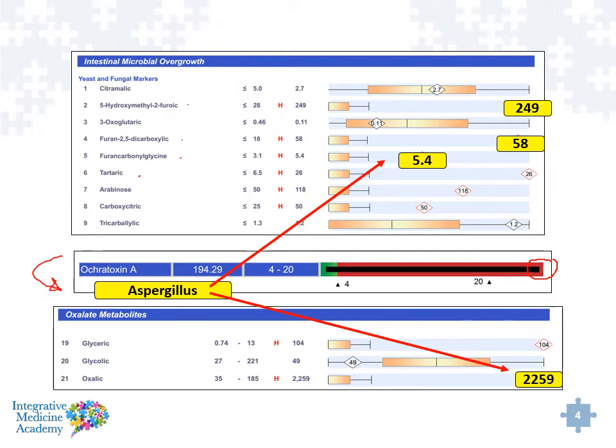So it's very much showing us that at least part of this ochratoxin is likely coming from gut colonization of mold. We know that Aspergillus is also a producer of oxalic acid. This individual also has an elevated level of invasive candida.